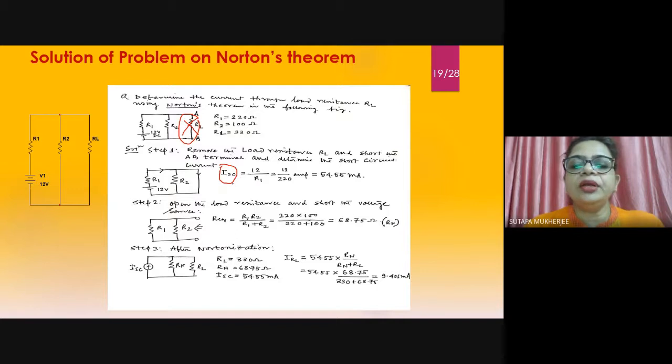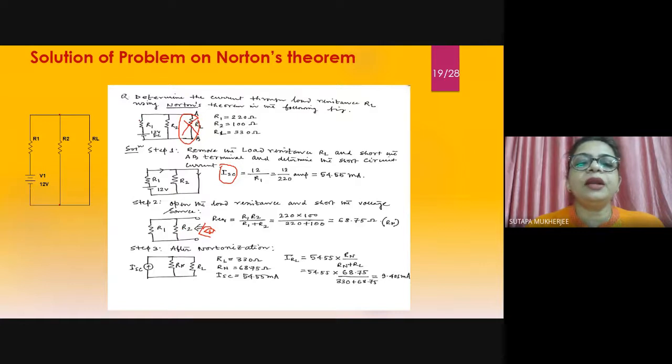Now step 2. This is I Norton, the I short circuit. How can you get R Norton? Step 2 is like that, basically like Thevenin's theorem. Open the load, and you have to view it in this direction.